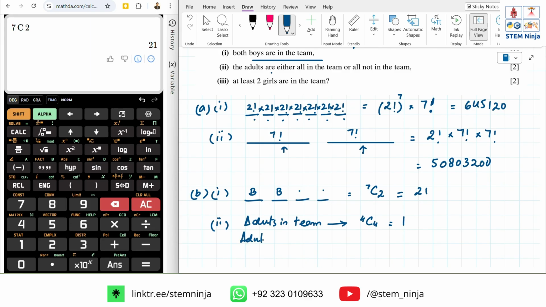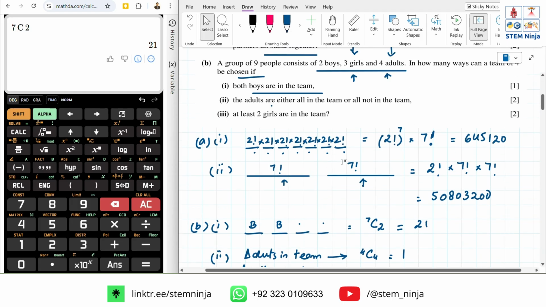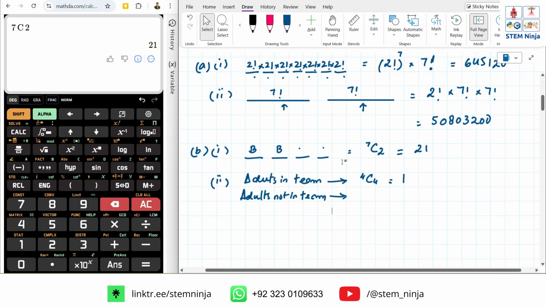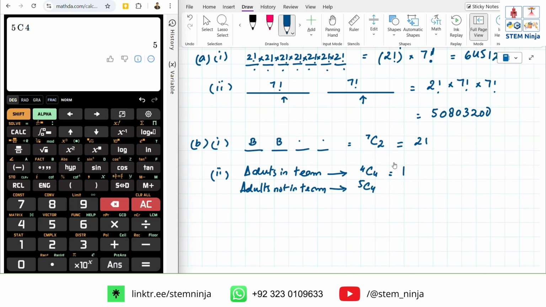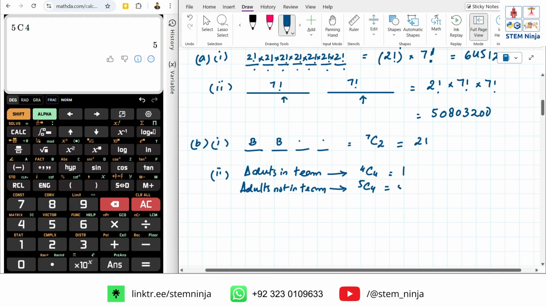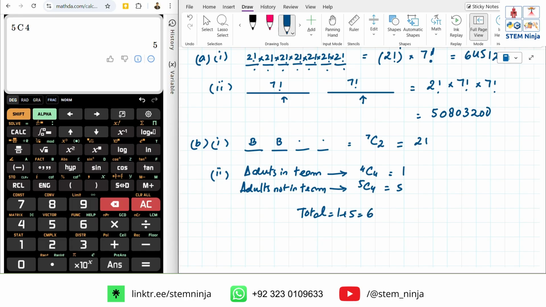Now adults not in the team, you have the rest, 2 boys and 3 girls, so 5C4, that is 5. So total would be 1 plus 5, that is 6.